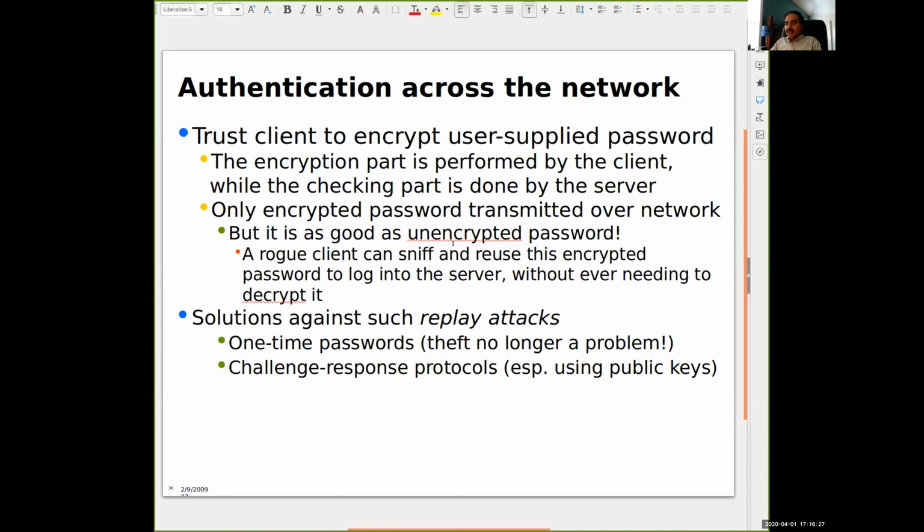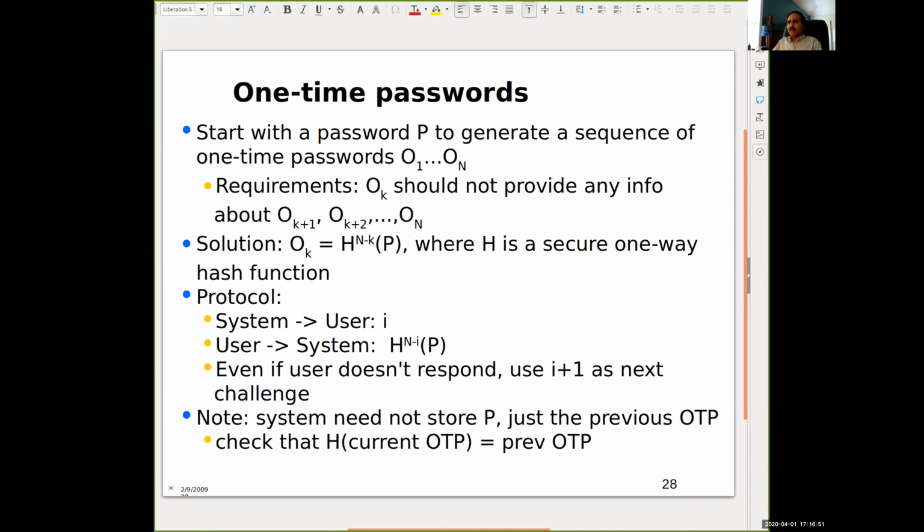So to deal with these replay attacks, the notion of one-time passwords was developed, and we will talk about these one-time passwords now. And in the next lecture, we'll talk about challenge response protocols that are a little bit more modern now.